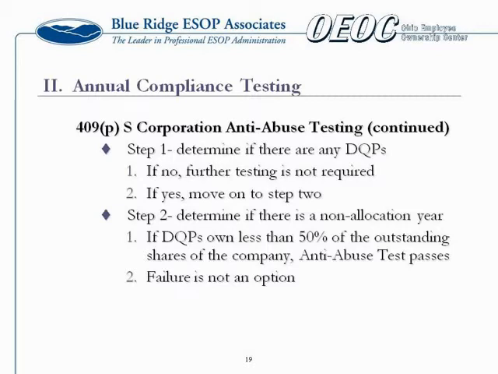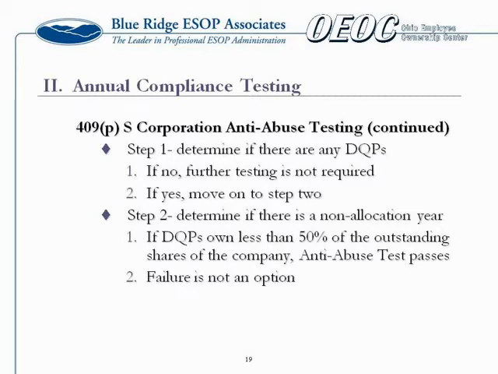Essentially, they're kind of taxed out of business if they have a non-allocation year. Of course, it's okay to have DQPs, and we have plenty of clients that do, but it makes us nervous when our clients are up in the high 40s percent-wise. We've worked through that, and there are some good solutions there, and we can run that ahead of time.